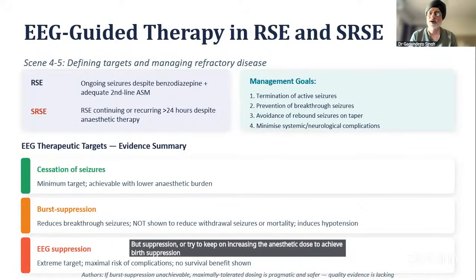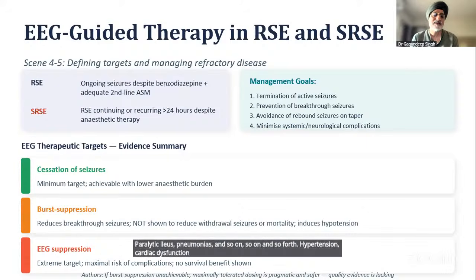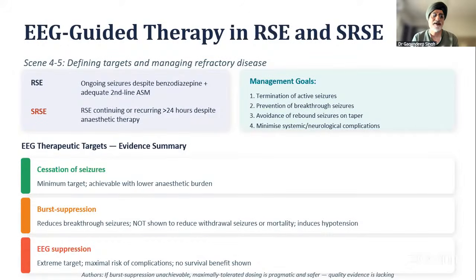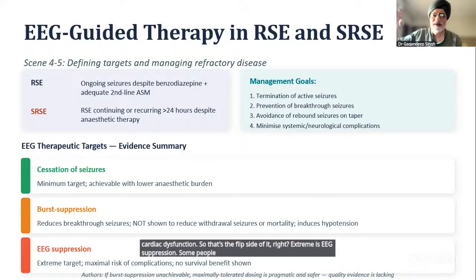You need to keep in mind that there are profound complications of anesthetic treatment, and these complications can be life-threatening: paralytic ileus, pneumonias, and so on, hypertension, cardiac dysfunction. That's the flip side of it. The extreme is EEG suppression. Some people, and there are a number of publications from Germany, go for an absolutely flat EEG.